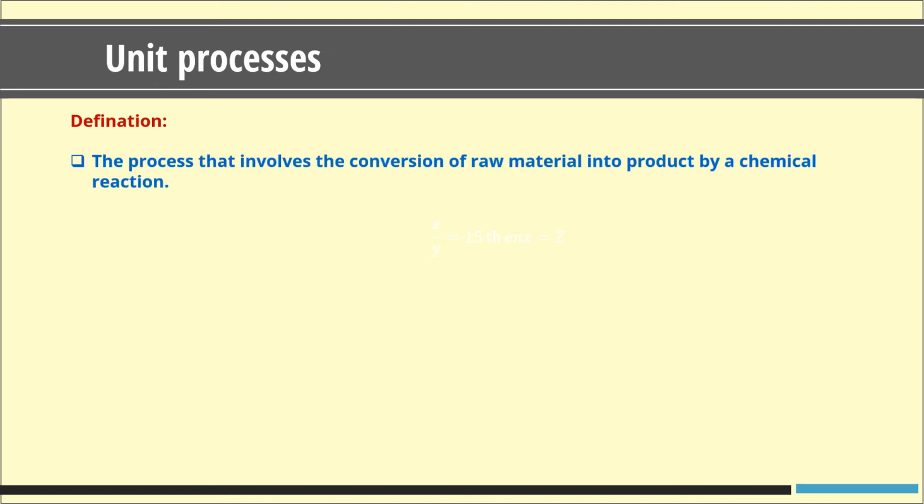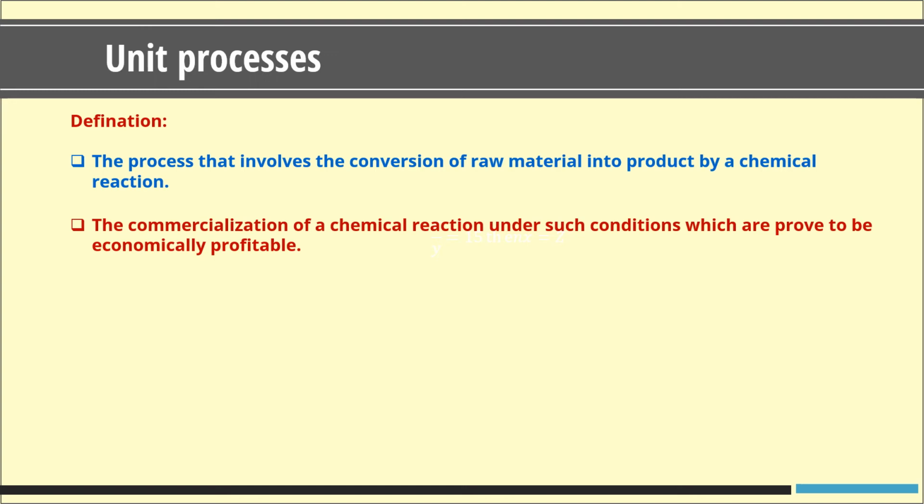The process that involves conversion of raw material into products by chemical reaction is called unit process. The commercialization of a chemical reaction under such conditions which are proved to be economically profitable is called unit process.